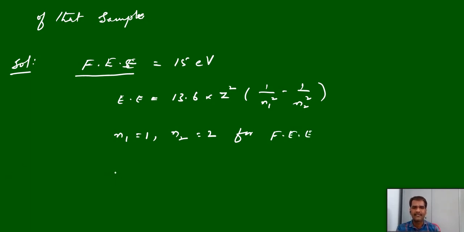So we know that first excitation energy is equal to 15 electron volts, that is equal to 13.6 into Z square into 1 by 1 square minus 1 by 2 square.